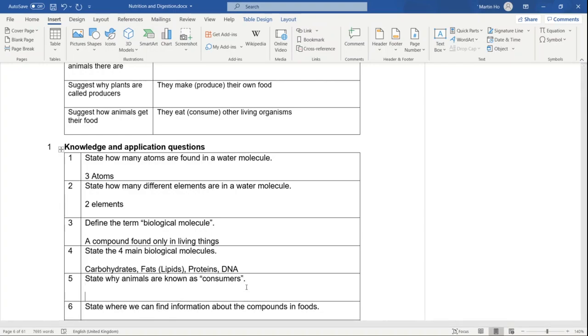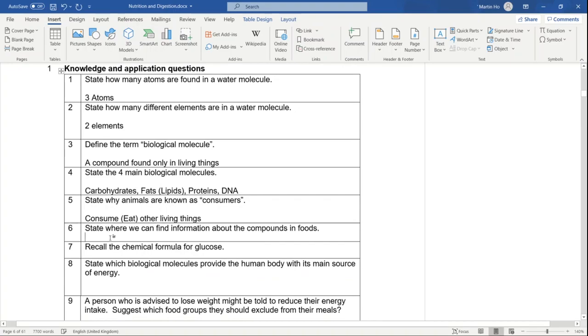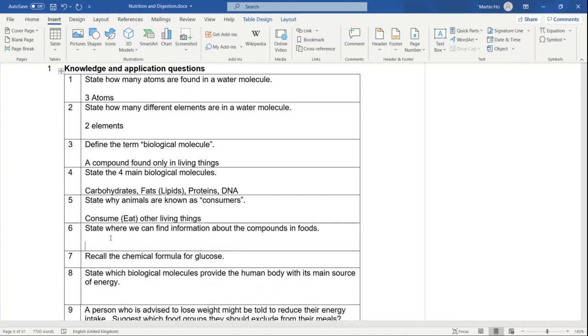Animals are known as consumers because they consume or eat other living things. We can find information about the compounds in foods on the nutrition labels of products or foods.